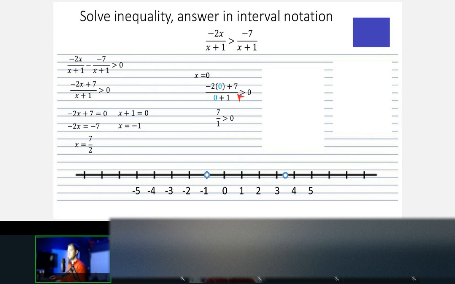It's fine to do that as long as we're under the assumption that this is actually correct, which it is. So we plug it in and we get 7 over 1 is greater than 0. 7 over 1 is 7. Is 7 greater than 0, guys? Yes or no? It sure is. So I'm just going to put a little check mark above it.